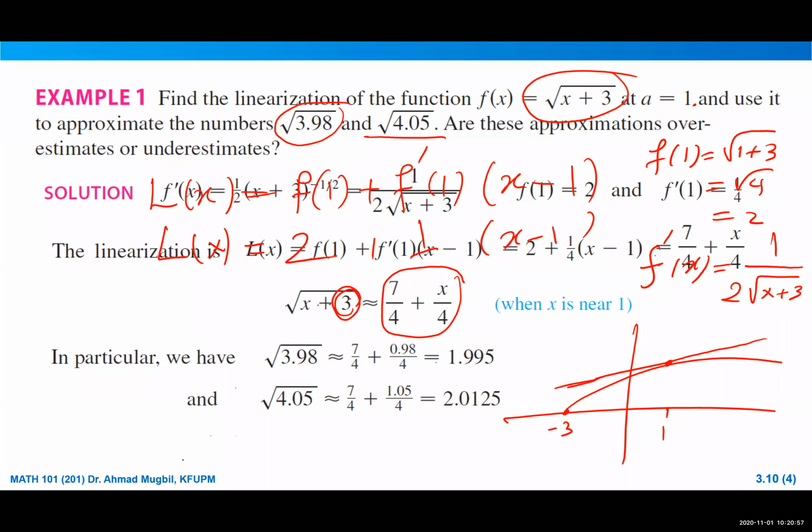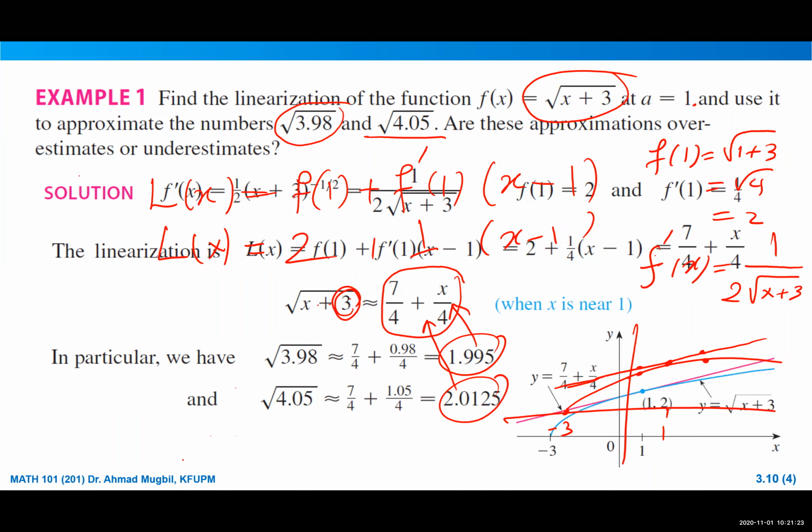These values that we obtained from the line are here, so they are greater than the exact values. The exact values are here. This means that these approximations are overestimates.